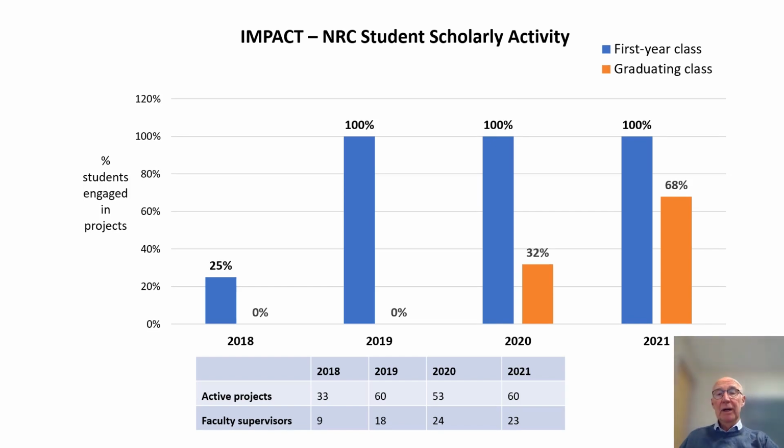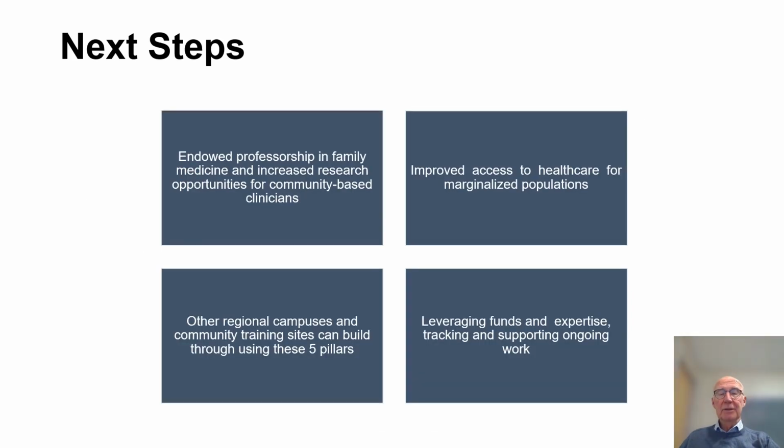By 2021, we had 60 active projects and 23 faculty supervising students. So this was a success story from our point of view, and we're doing very well, especially in comparison to the other regional campus, Waterloo, and even Hamilton.